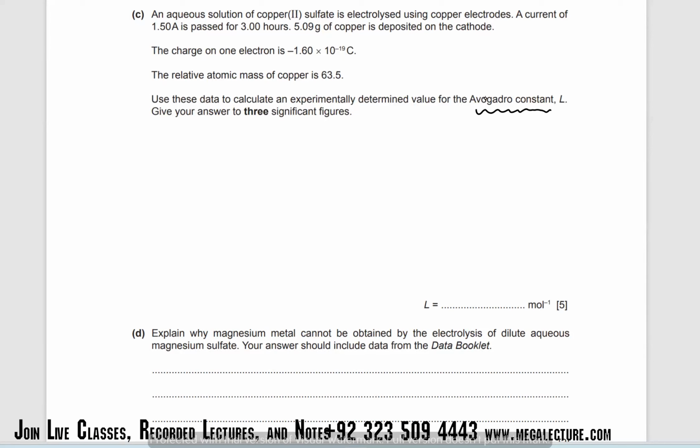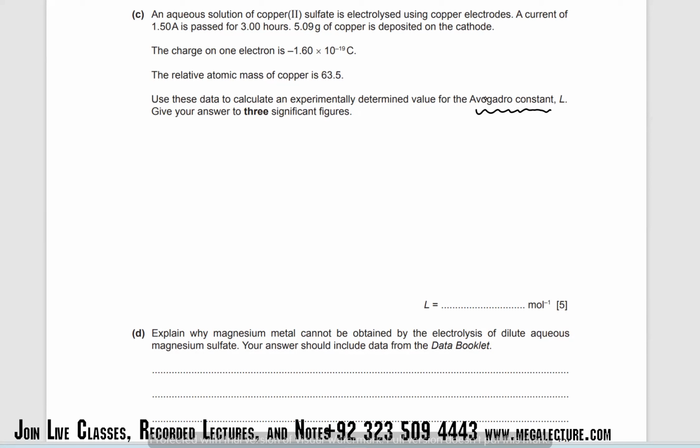जब ये question आया था ना, problem ये आई थी कि when he's asking you to find the Avogadro's constant, then you can't use anything that uses the Avogadro's constant. For example, if you don't know what the Avogadro's constant is, you will not know what the Faraday constant is.